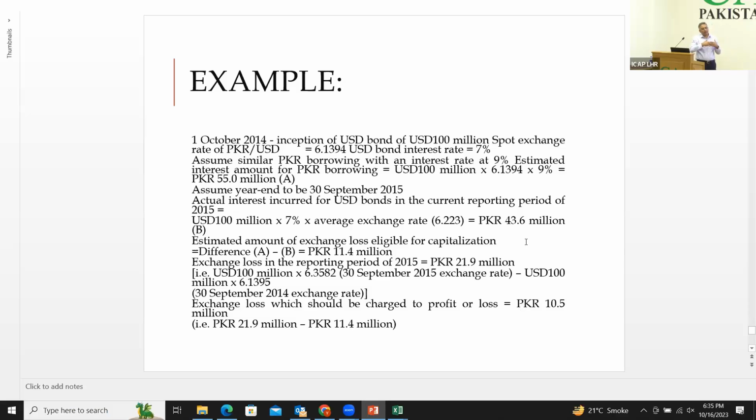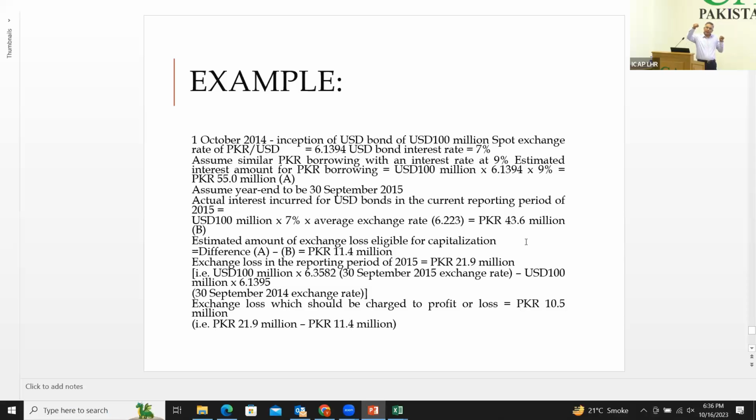Instead of getting 100 million PKR from a local bank, I borrowed from a foreign bank. Then I will calculate what borrowing cost I would have to pay if I had borrowed in PKR. That will be an amount. Then we will calculate the actual borrowing cost incurred on the foreign currency loan. And then you will calculate the exchange loss on the foreign currency loan.